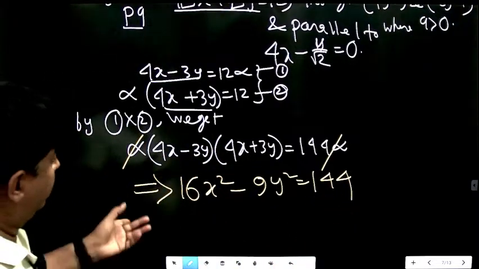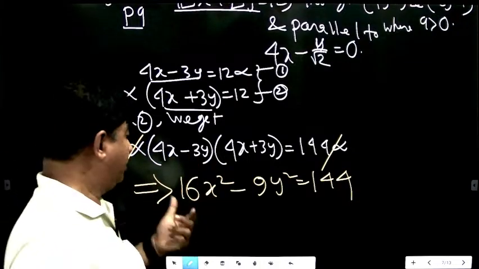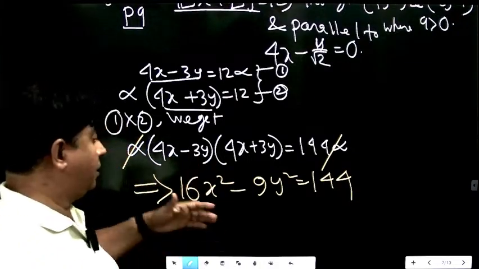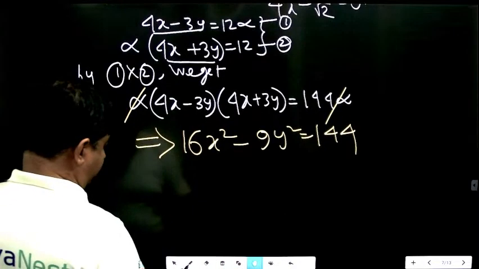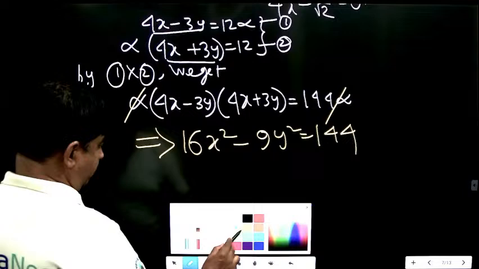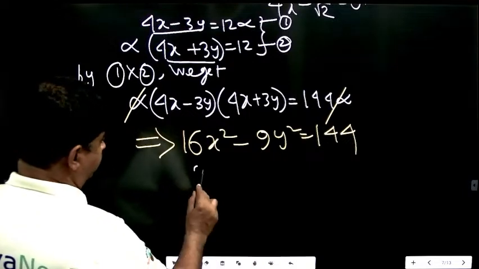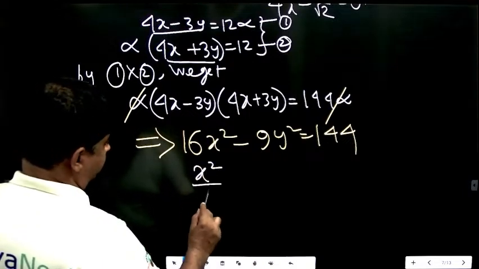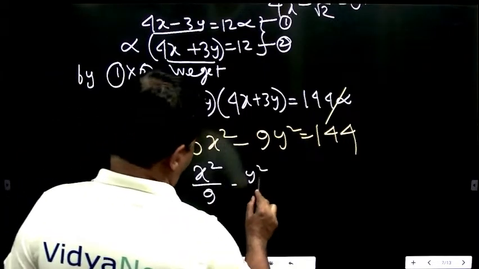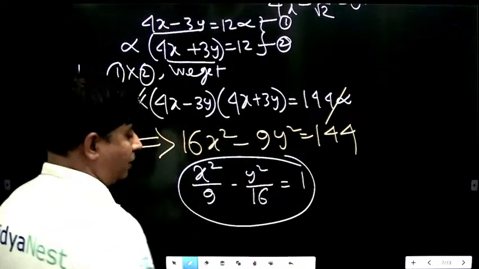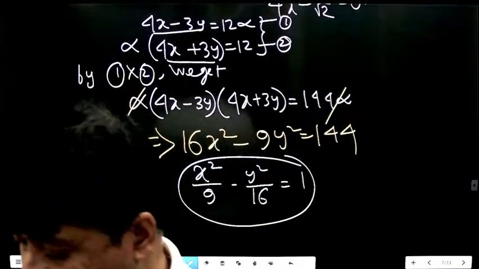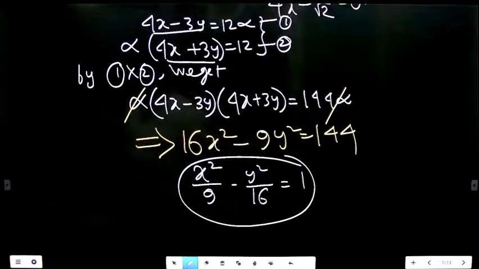We get, see, that will remind you of the formula of a minus b and a plus b. So what formula is peeping? What equation? Hyperbola. So the curve's equation we have got. Now, you go through the question.